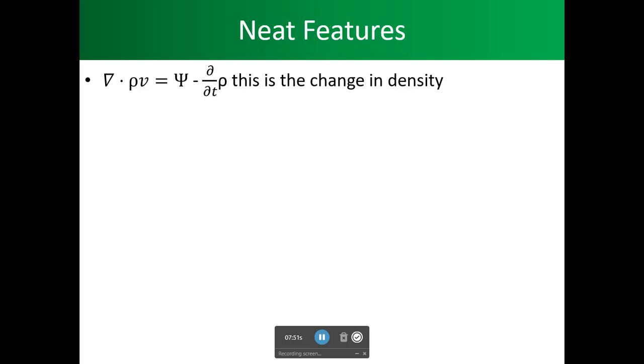This is the change in the density. So that's what the major factor is, change in density. So we have here this as the source, and it can be a sink density.